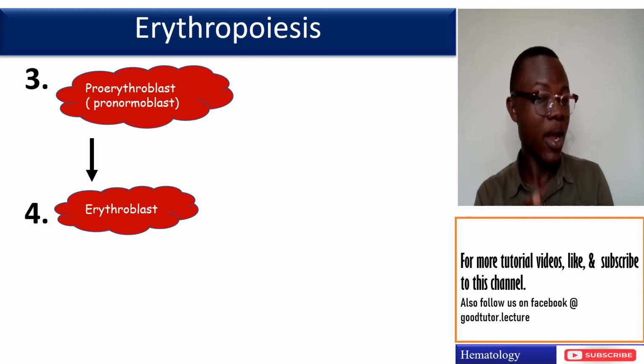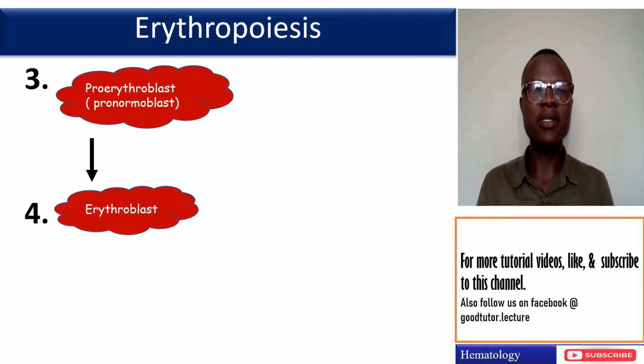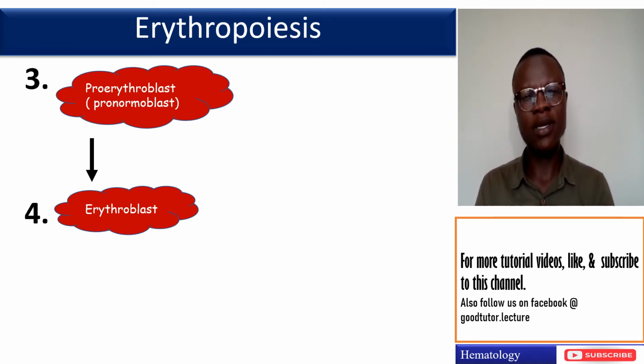So erythroblast clearly tells us a cell that is about to develop into an erythrocyte. A simple way that I remember this is that a blast is something that is about to maybe explode. So these are cells that are on the verge of developing into other cells.